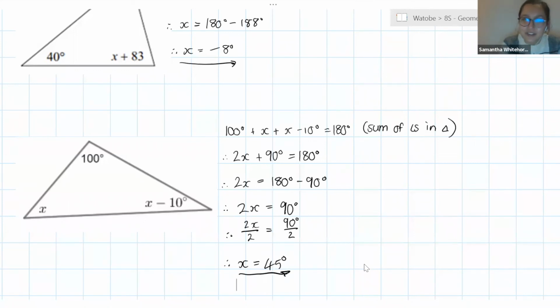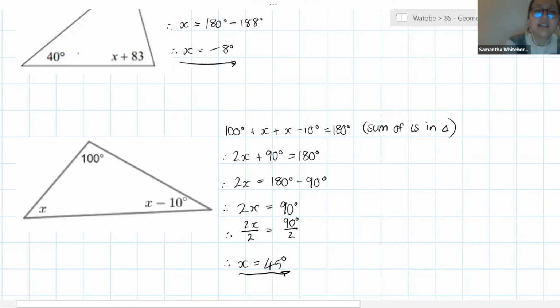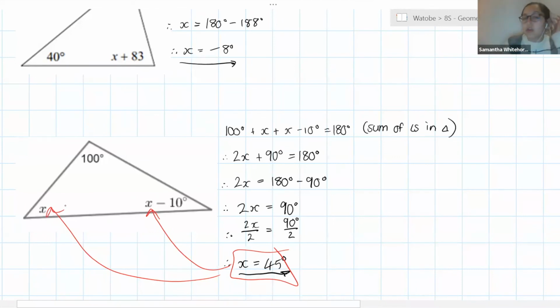So a little bit of a trickier one as well, because we had so many unknowns that we had to deal with there. But exactly, we know that when we add them all up, we must get 180 degrees. And so my final answer is x equals 45. And guys, remember, if you take this x value and you substitute it back into your original diagram, you can go and check that you're right.